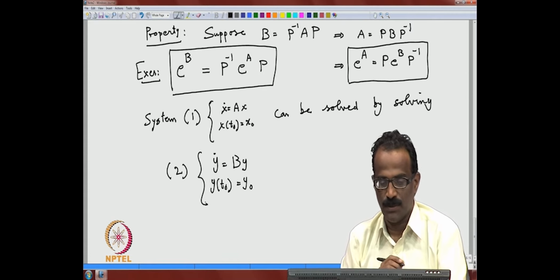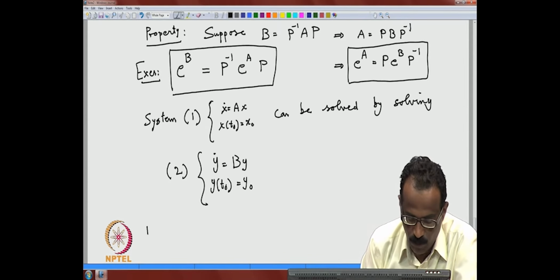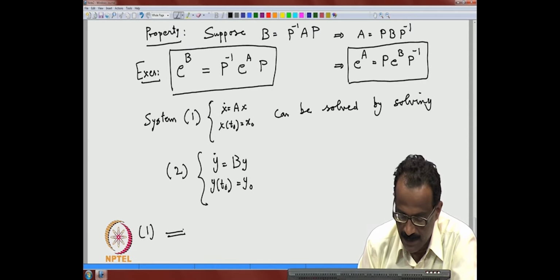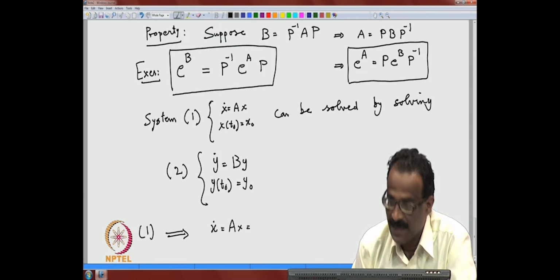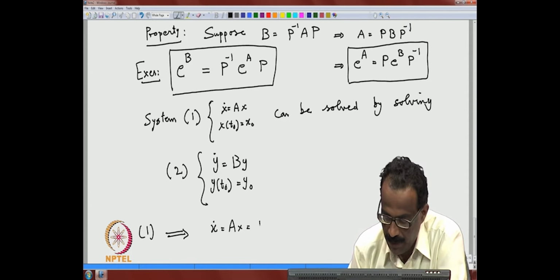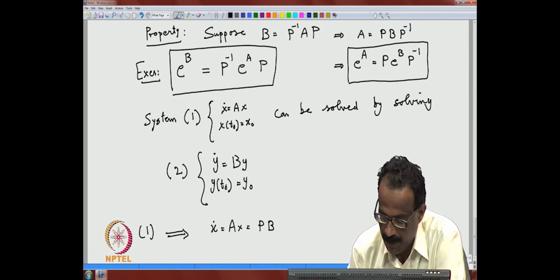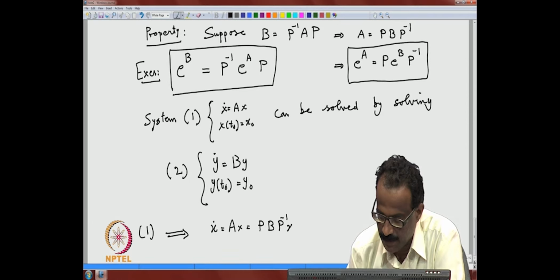How do you achieve this? So, recall, what is system 1? It gives x dot is equal to Ax, but what is Ax? It is nothing but P B P inverse of x.